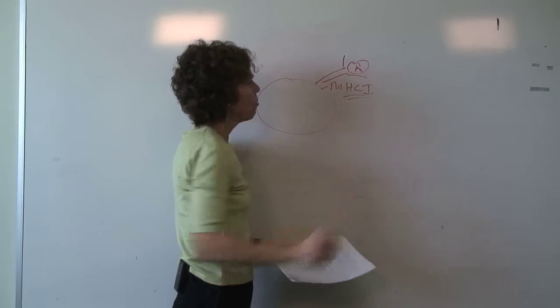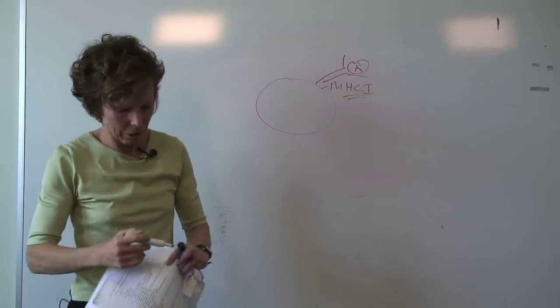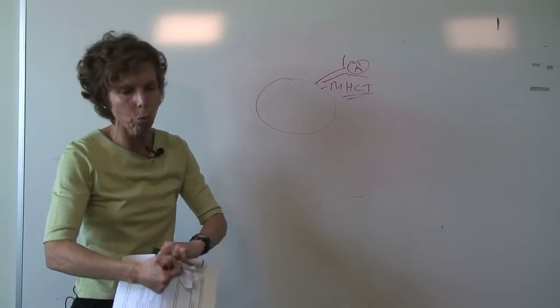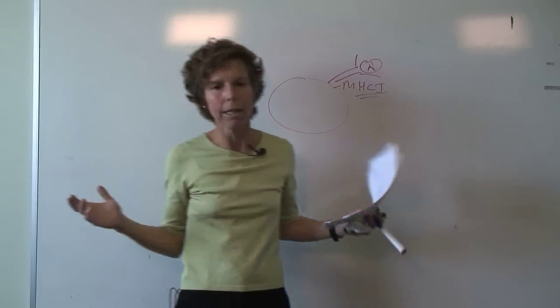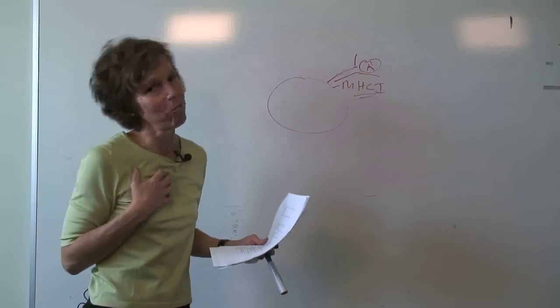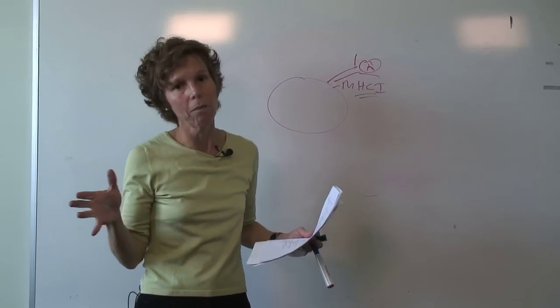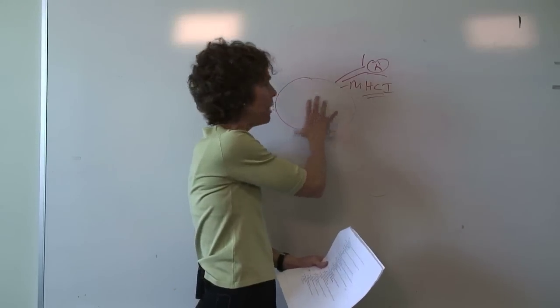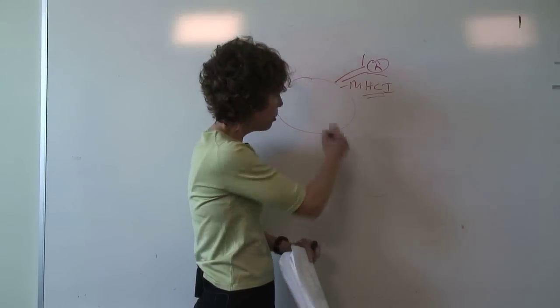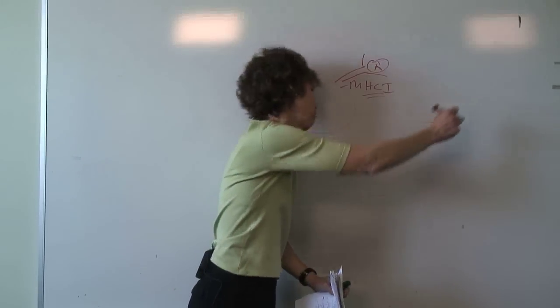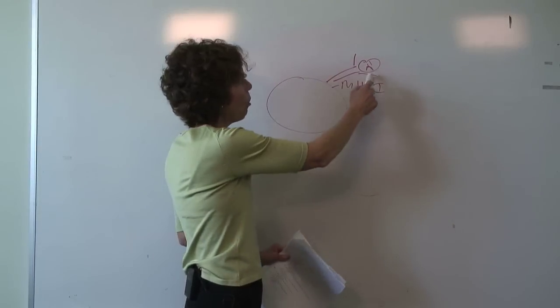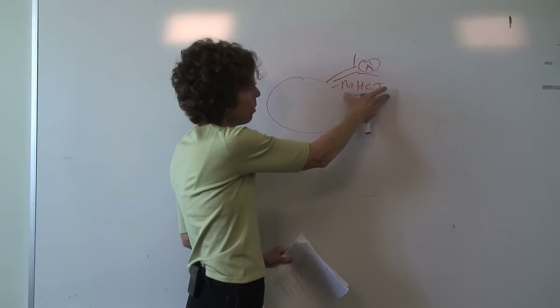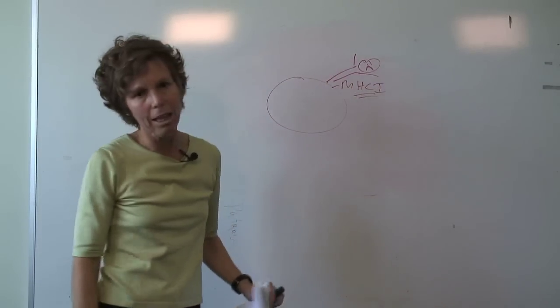It's sort of like a kill me signal, right? If you've been infected by a virus, then you got to die because there's nothing we can do for you, and we want to eliminate the ability for the virus to bud out of that cell and go infect another cell. So that's one of the functions of an MHC class 1 molecule.